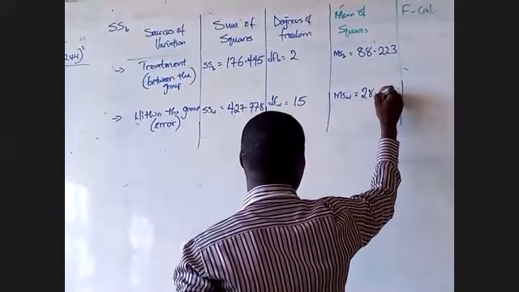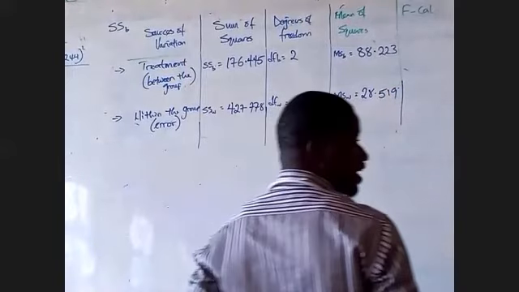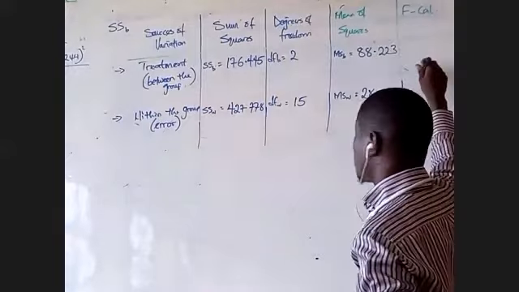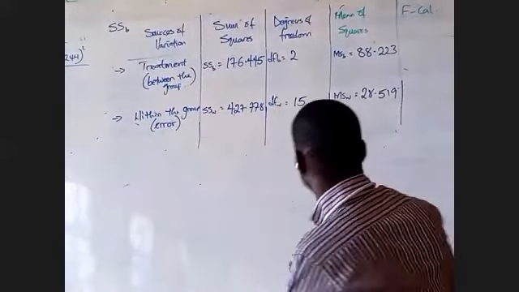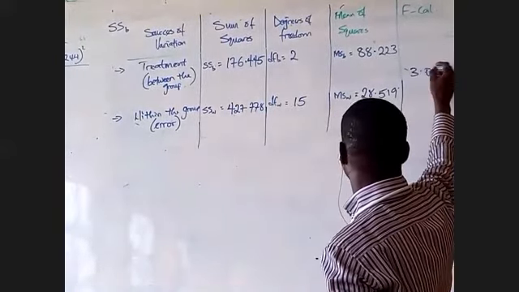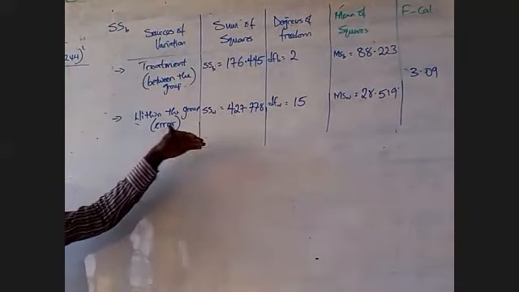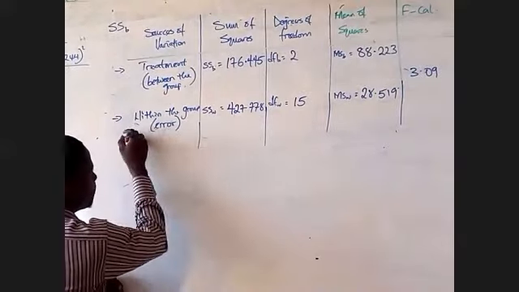All right, and then for F calculated, that is the final answer we got for the F test, which you are going to put in between. So you get that. All right, now I think we'll find the total here too.